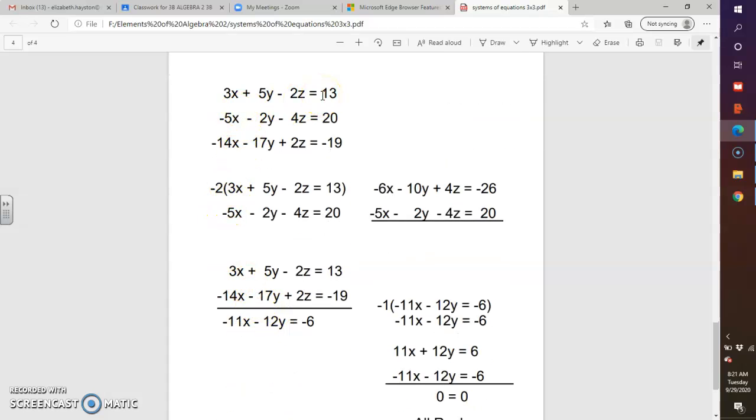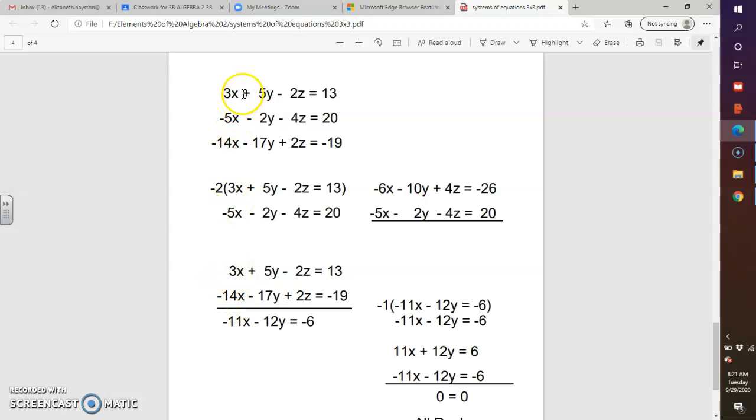Here, when I eliminate the z's, I distribute the top by negative 2, and I get negative 6x minus 10y plus 4z equals negative 26. And here we get negative 5x minus 2y minus 4z equals 20. I didn't write it down, but it's negative 11x minus 12y equals negative 6. I actually moved it right down to here.